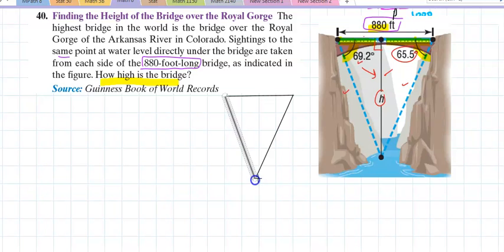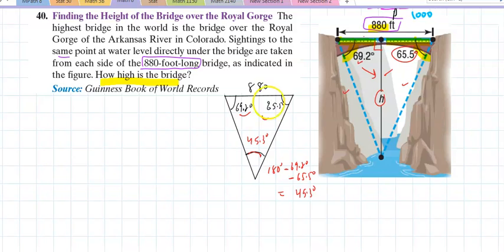So if I glance at not the right triangle, the entire triangle, this is 880. This is 69.2 degrees, and this is 65.5 degrees. One, I could figure out what this angle is. I could say this angle is 180 minus this angle minus that angle. So if I take 180 minus 69.2 degrees minus 65.5 degrees, I'll get this to be 45.3 degrees.